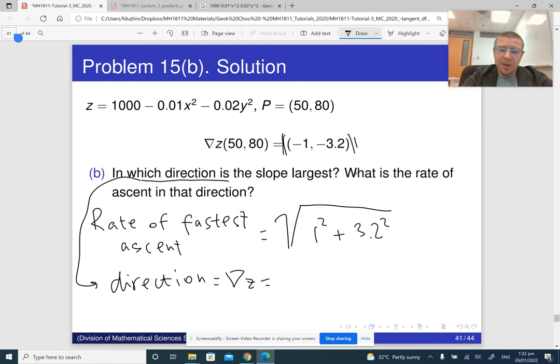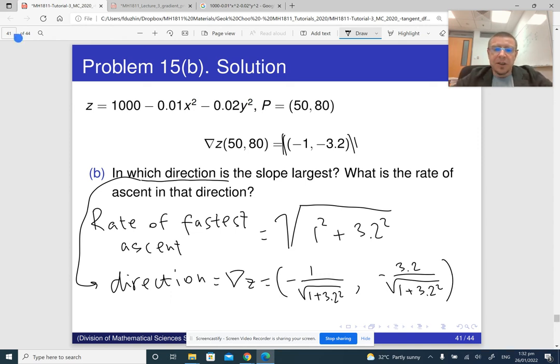So it's going to be minus 1 divided by the square root of 1 plus 3.2 squared, and minus 3.2 divided by the square root of 1 plus 3.2 squared. I don't really want to compute it, so I will leave it in this form.